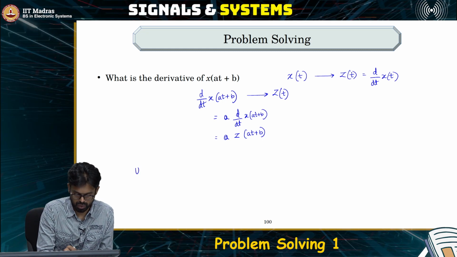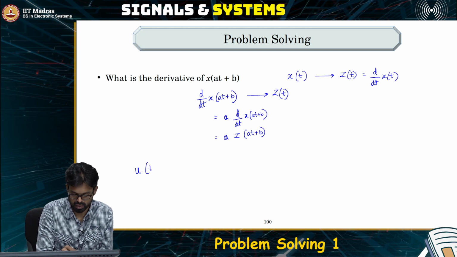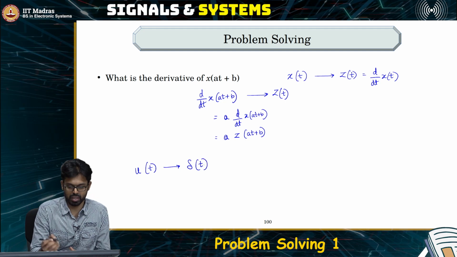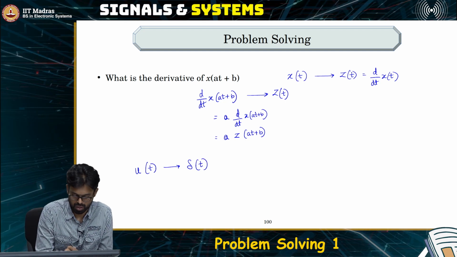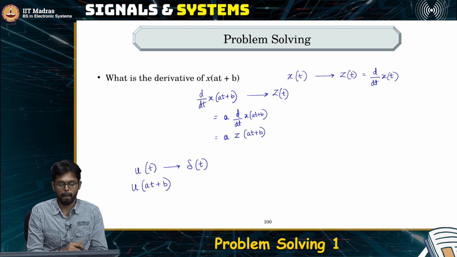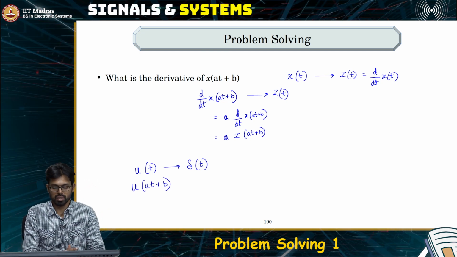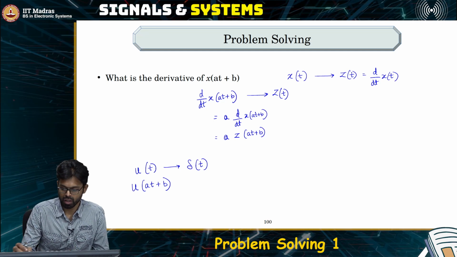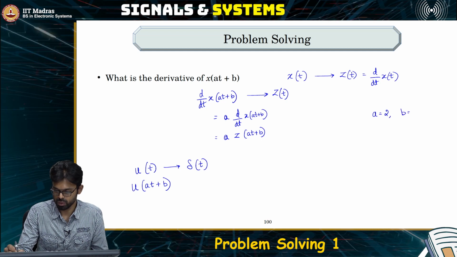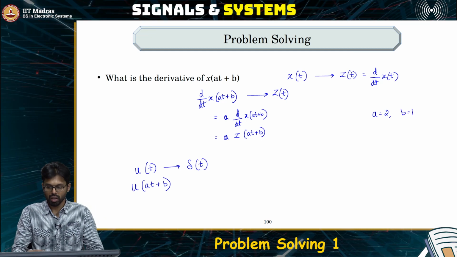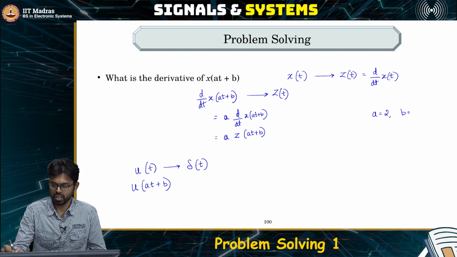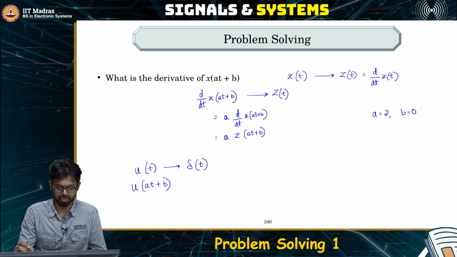So, let us take u of t. We know that its derivative is delta of t, which is the Dirac delta function. Now, let us take some u of at plus b. Now, this is a very interesting example because let us take a equal to 2 and b equal to 0.